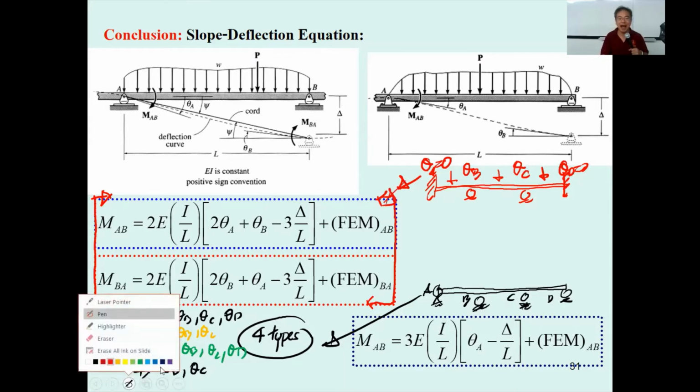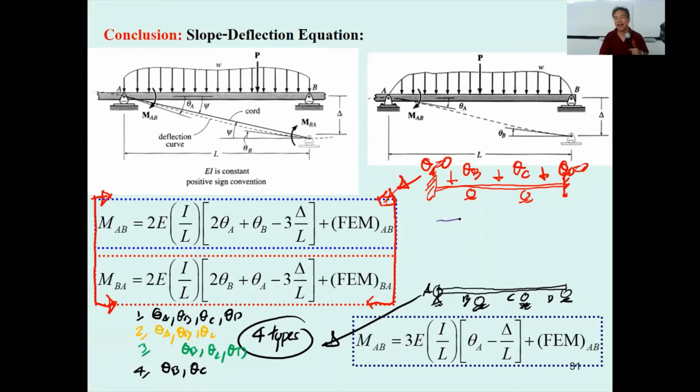Now, there are mixes. I can decide the problem based upon one being roller, pin, roller, and fix. This problem also can be complicated, because under the application of the force, this one and this one will have theta sub A, theta sub B, and theta sub C. But theta sub D is 0.